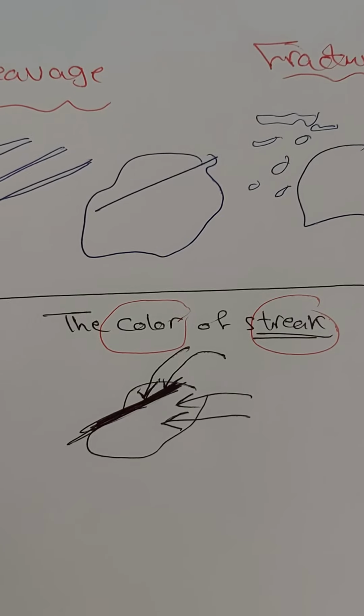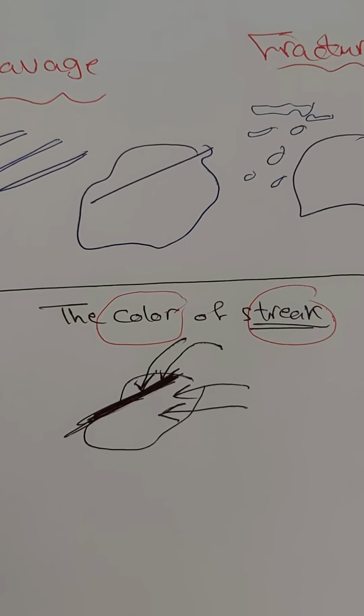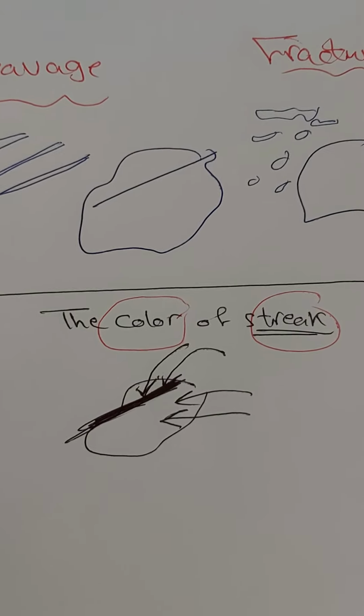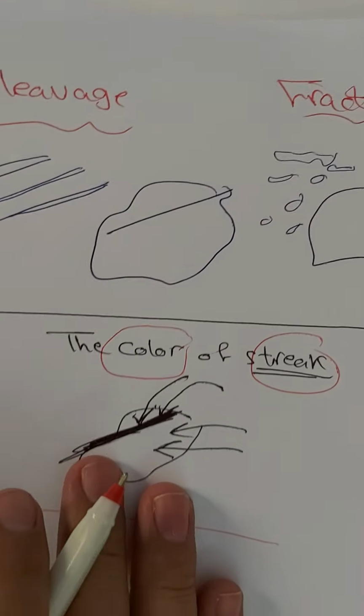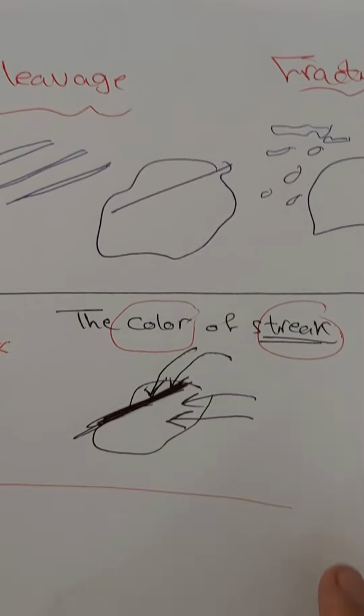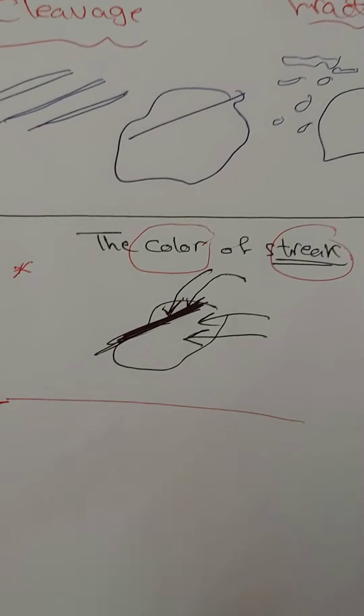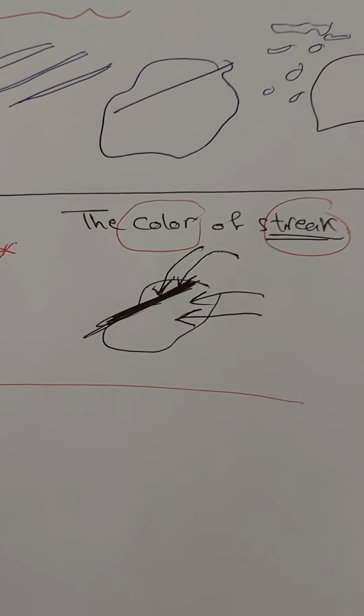Then the second property: the same mineral can appear in different colors, like the minerals of iron.